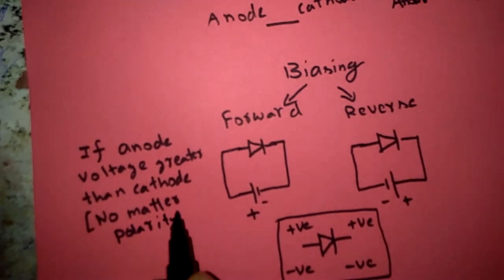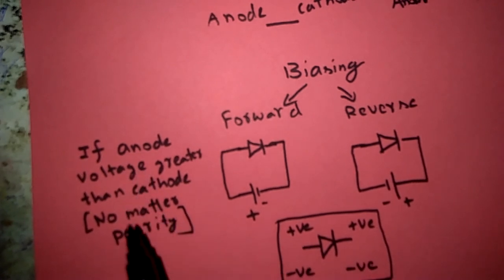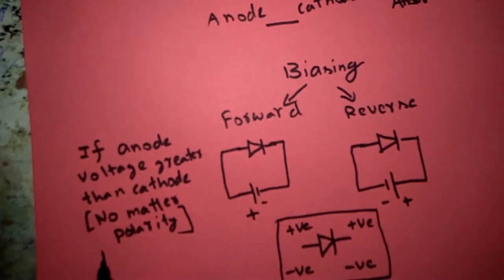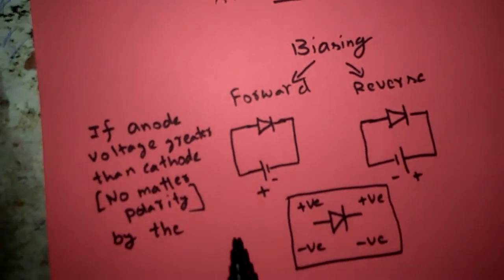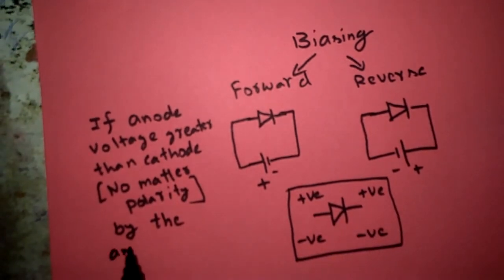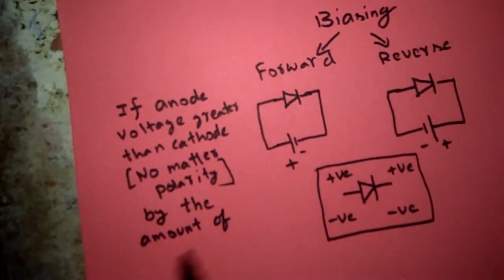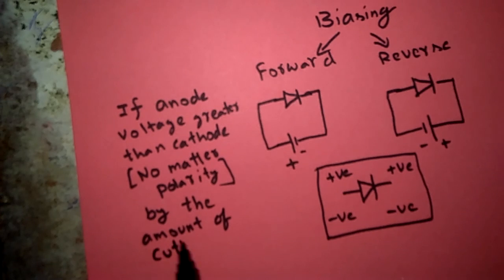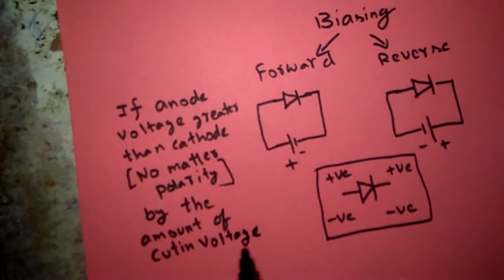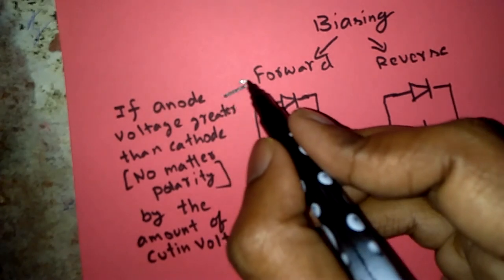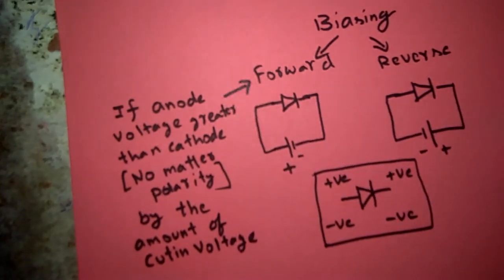If anode voltage is greater than cathode voltage by the amount of cut-in voltage, then this condition is called forward bias.